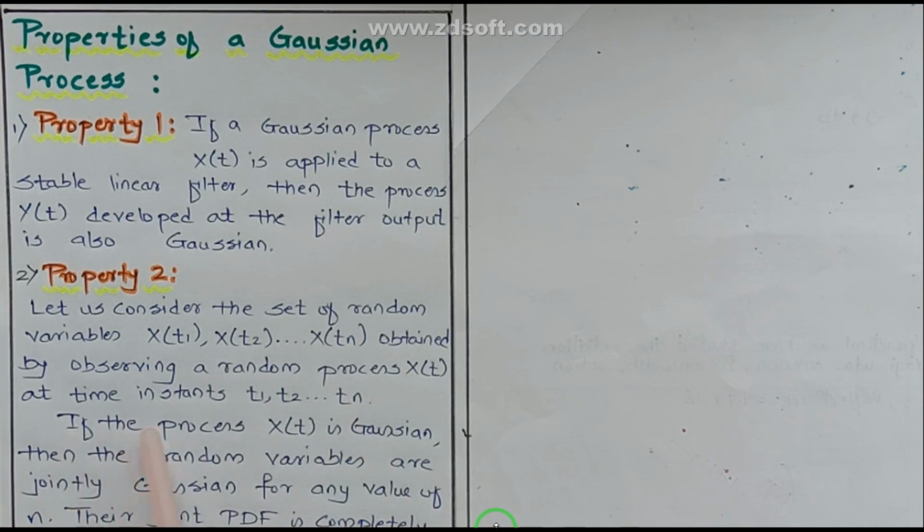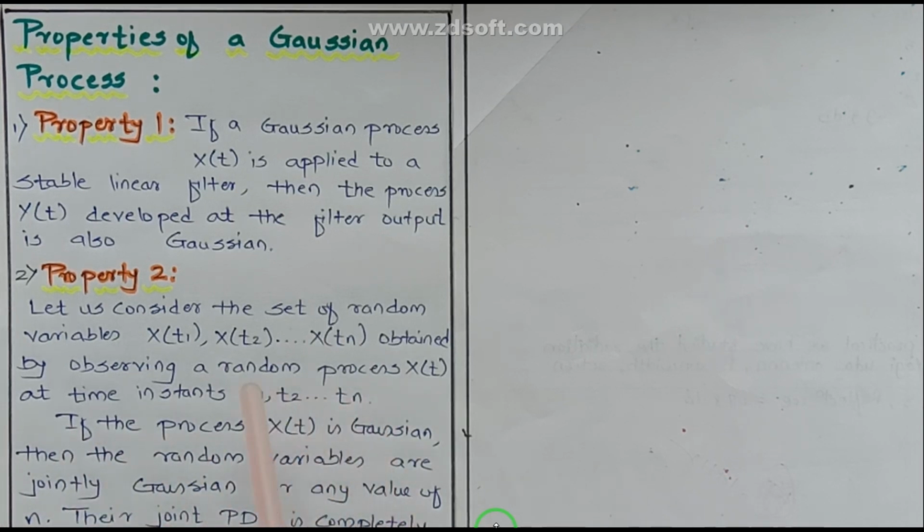If the process X(t) is Gaussian, then these random variables are jointly Gaussian for any value of n.